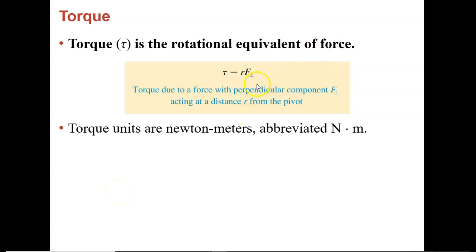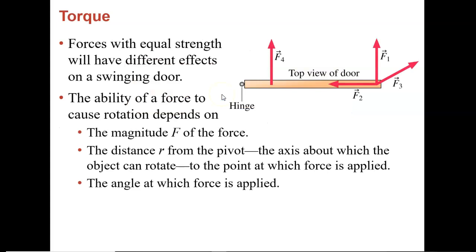More specifically, the torque is due to the force that's perpendicular to whatever you're moving at a distance from the pivot point. So if you think about it, if you have equal forces acting perpendicular on an object, the farther you are away, the more torque you create.